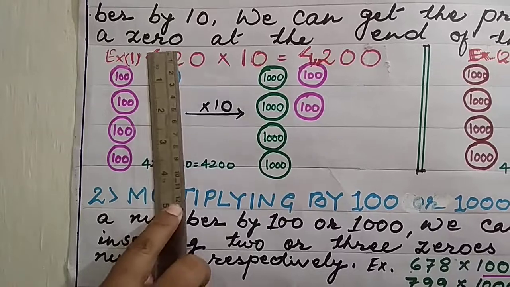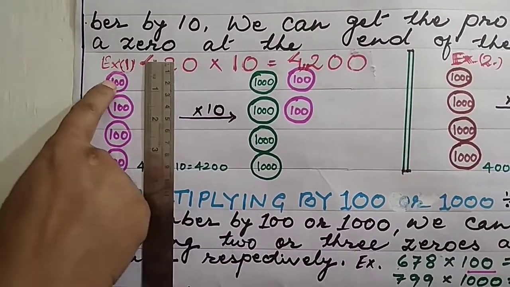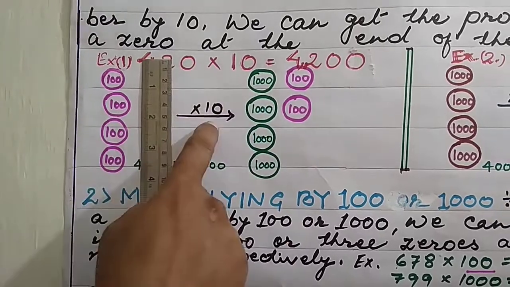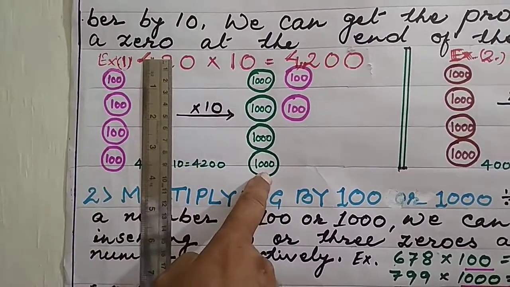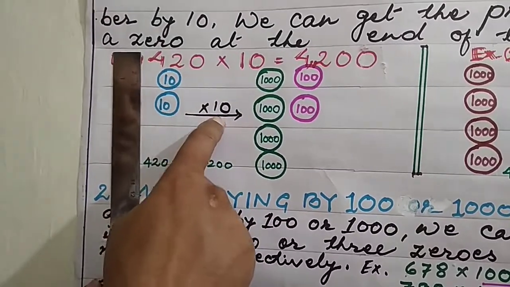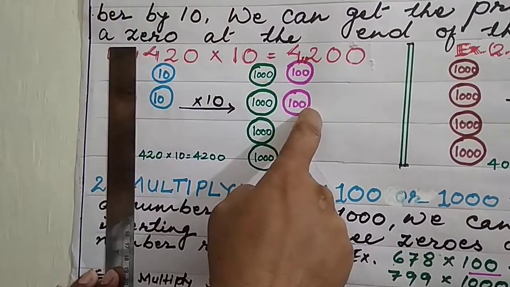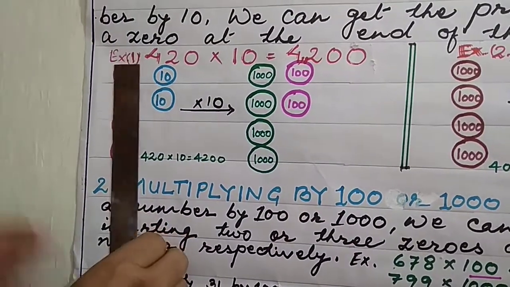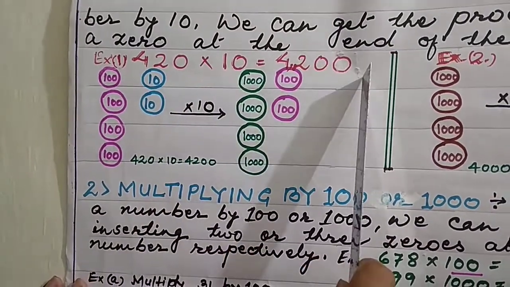So 100 into 10 is 1000, for each of the four counters. Similarly, when we multiply these two tens with 10, 10 into 10 is 100, and again 100. So 420 into 10 becomes 4200.